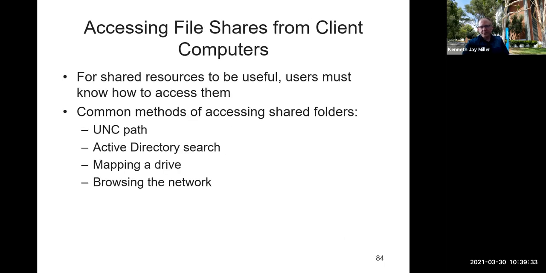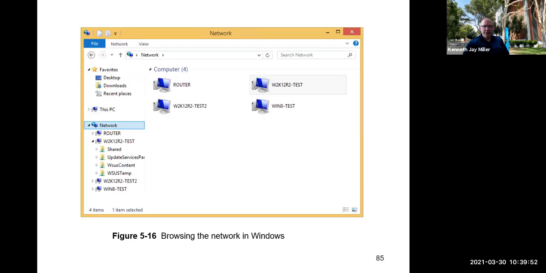For shared resources to be useful, users have to know how to get to them, right? A lot of times, the best way to do that is to just use mapping a network drive in like a logon script. But, you know, the users will figure out how to get to stuff. And you can get to it by clicking on the network in your computer, right?